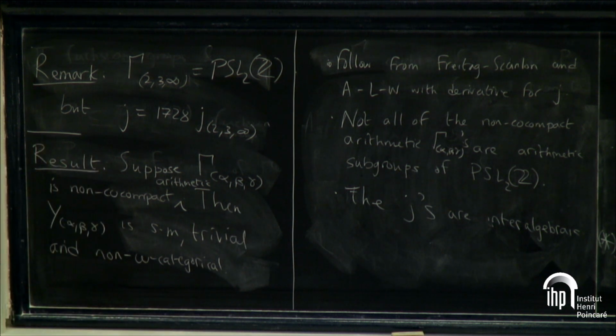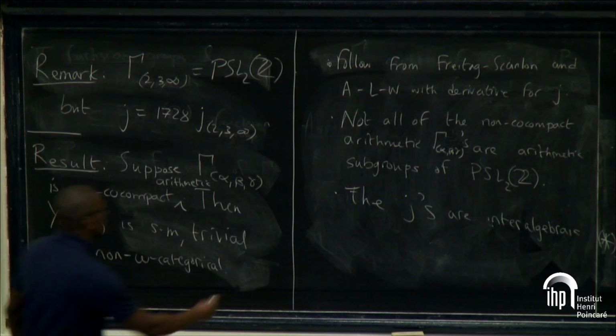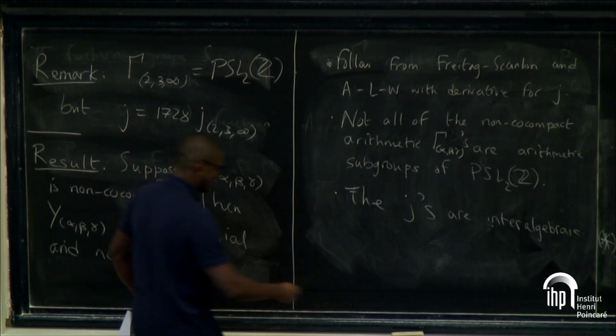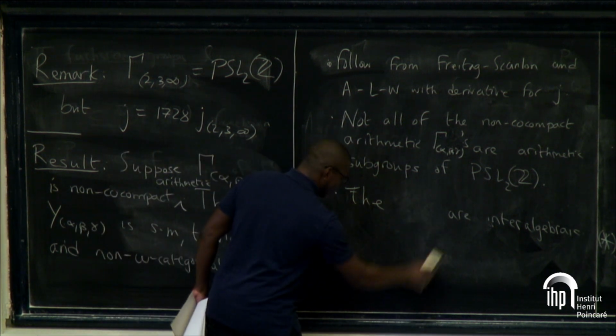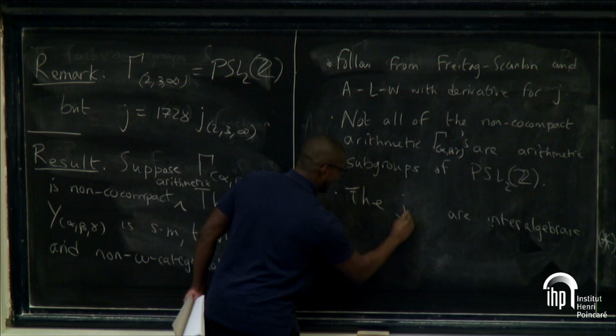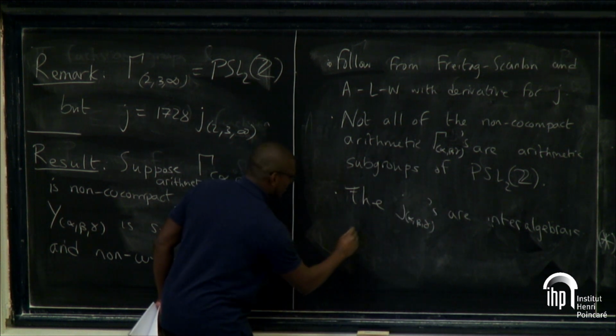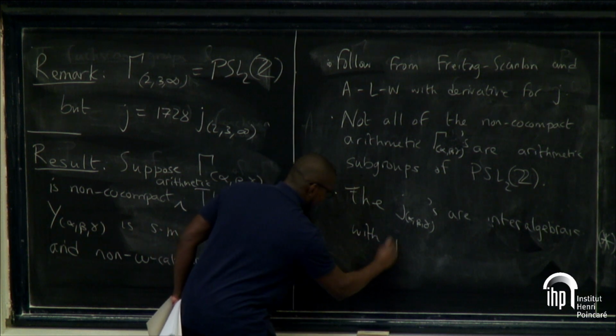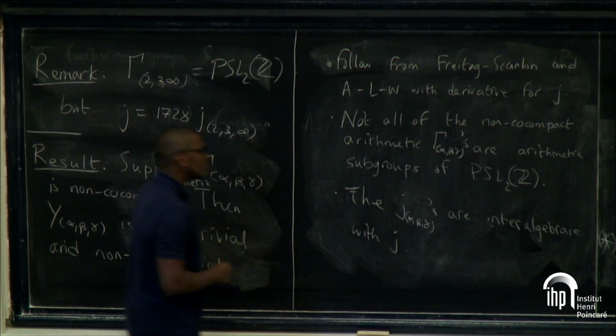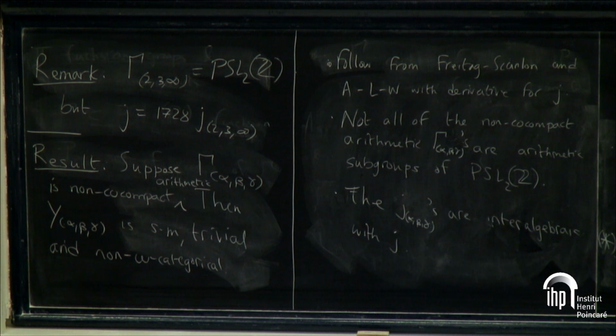So it's still interalgebraic with the actual J function. So that's very confusing, too many J's. So let's just say that J alpha, beta, gamma are interalgebraic with J. And then you do obtain the same results.